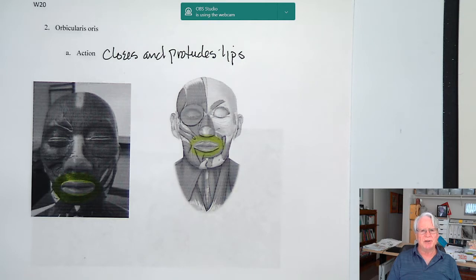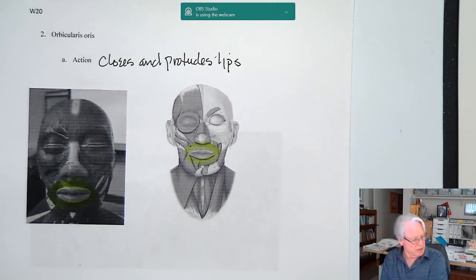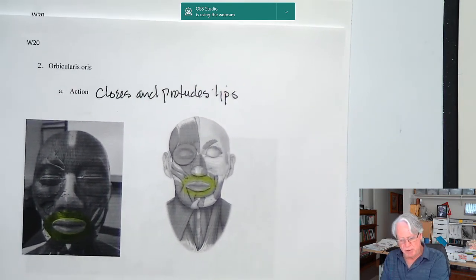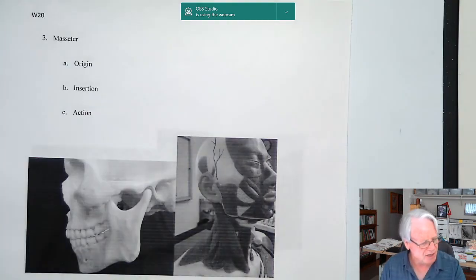So this is often called the kissing muscle, because when you use this muscle, the lips are already closed, and you constrict this muscle even more, the lips pop out as if you're wanting to kiss somebody. Okay, so orbicularis oris closes and protrudes the lips. Let's move on to the next muscle, which is the masseter muscle.